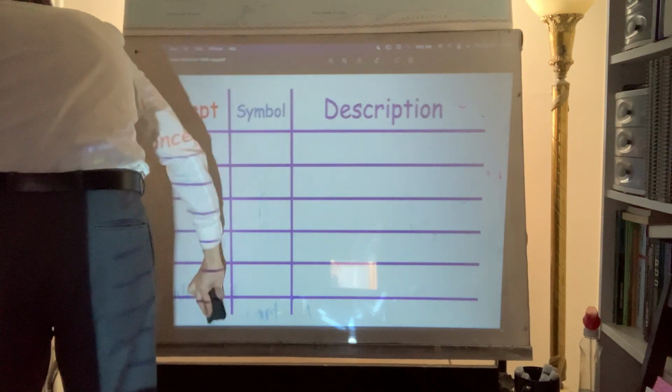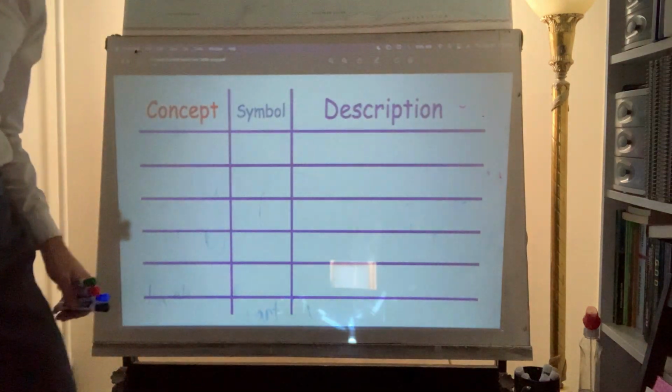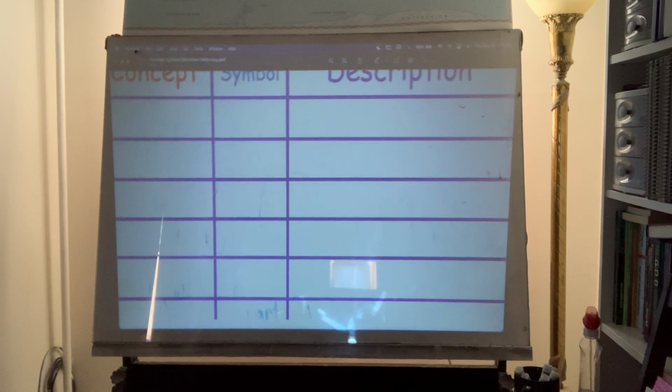There's just really 3 new symbols to worry about. So let me just maybe enlarge this a little bit. There you go. All right.